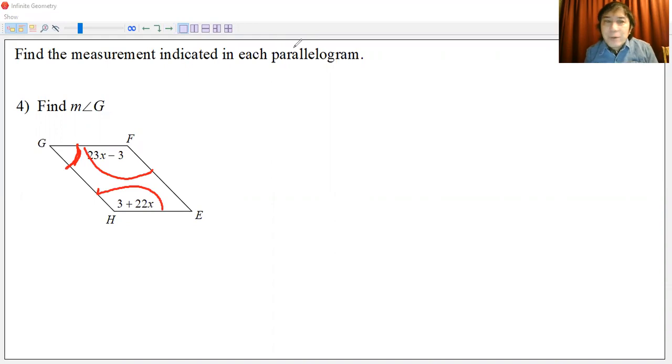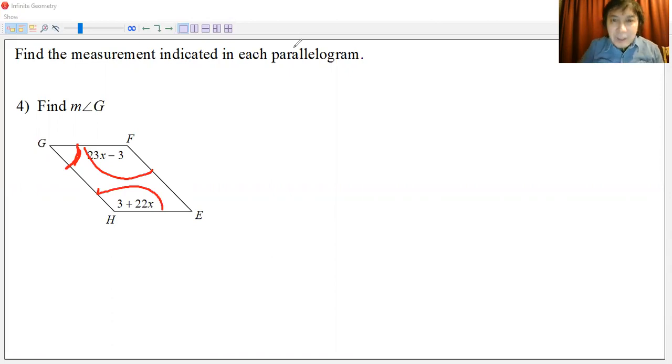So they are equal. Once we have the measurement of either F or H, we can use it and subtract it from 180, because angle G plus angle F is 180. So if we can only solve angle F, then we can find angle G.